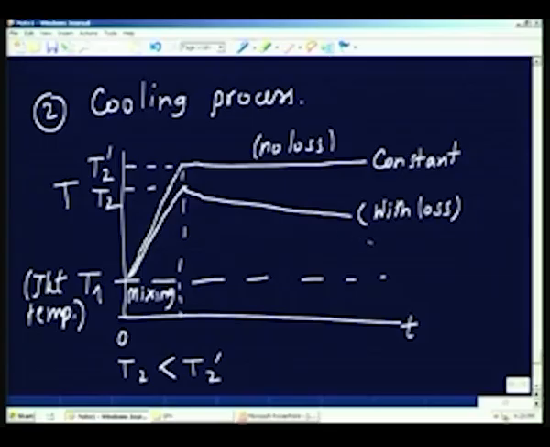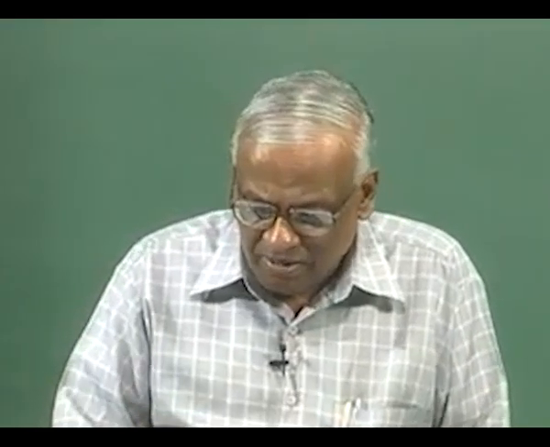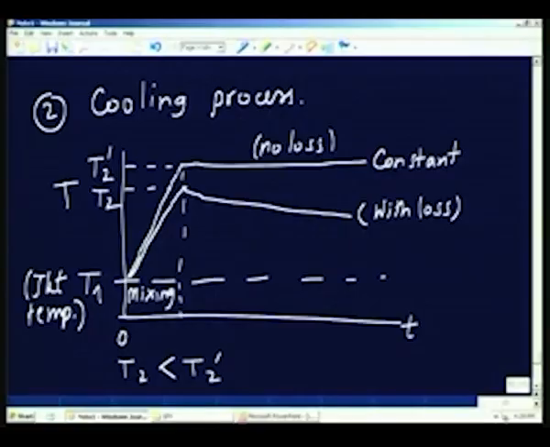Of course, it cannot go below that. During the mixing process, there is some heat loss. Therefore, this temperature did not reach that value. Of course, in this figure it is very highly exaggerated. The temperature difference may be very small, and then it starts coming down instead of staying constant.